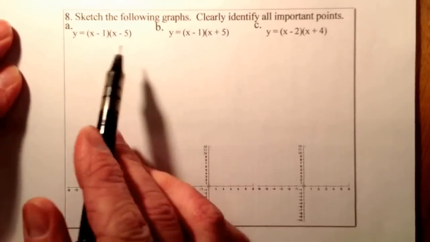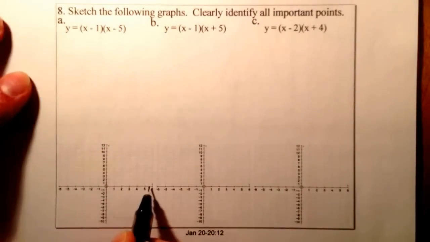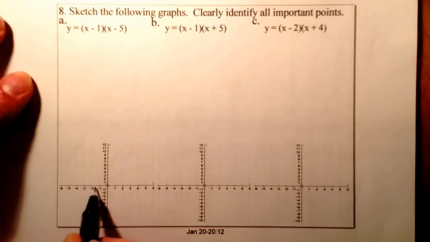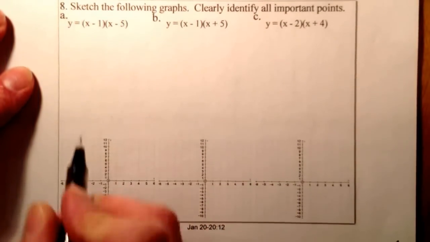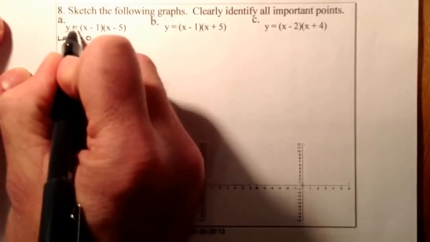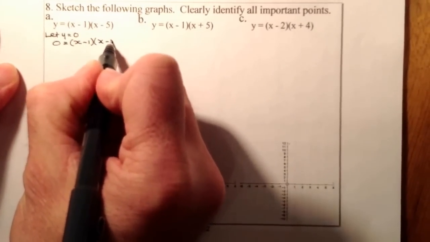So the first thing I'm going to do is find out the roots. And the way I'm going to do that is I'm going to find where they cut the x-axis. So where it cuts the x-axis, I know that the y coordinate is equal to 0. So what I'll say first of all is let y equal 0. So if that equals 0, I've got x minus 1 and x minus 5.